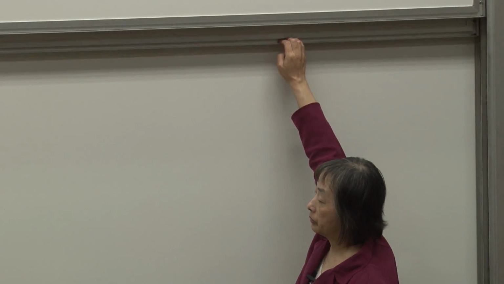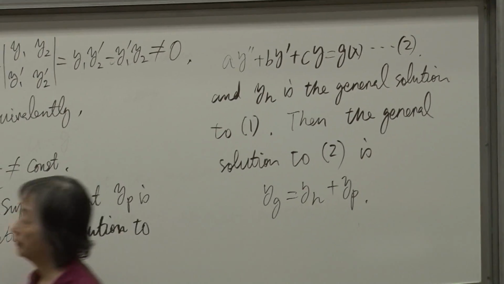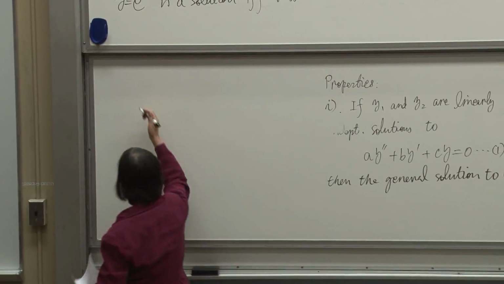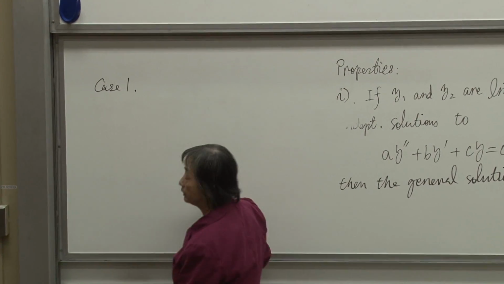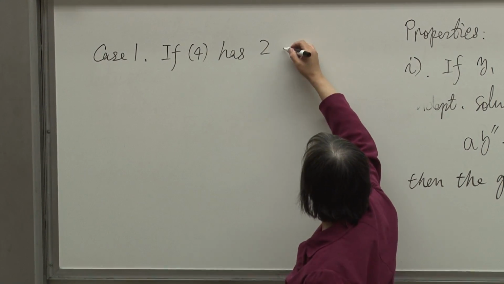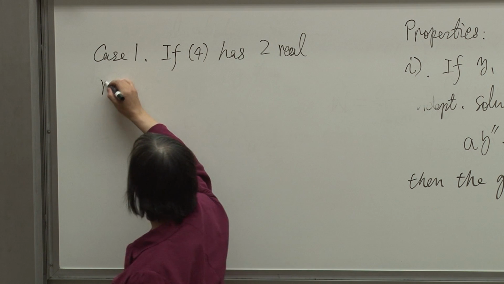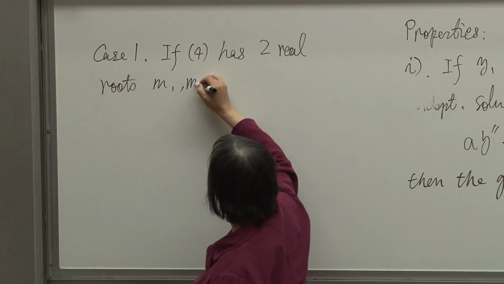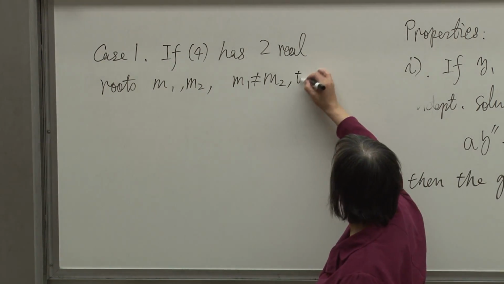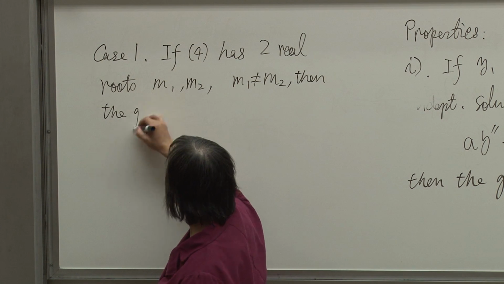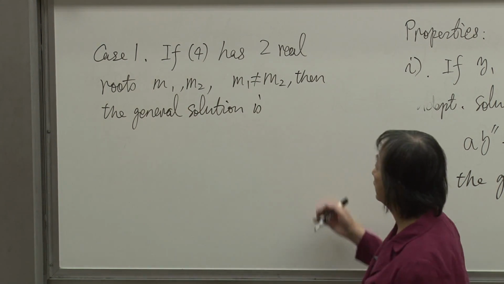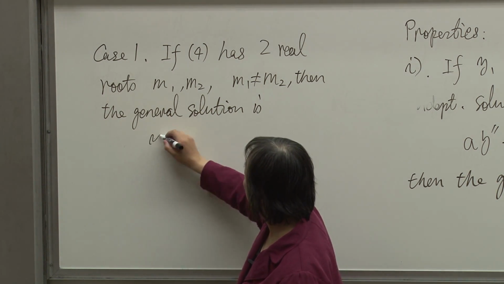So we also need to consider three cases. In the first case, if the auxiliary equation 4 has two real roots, m1 and m2, suppose they are distinct real roots, then the general solution is a linear combination of x^(m1) and x^(m2).